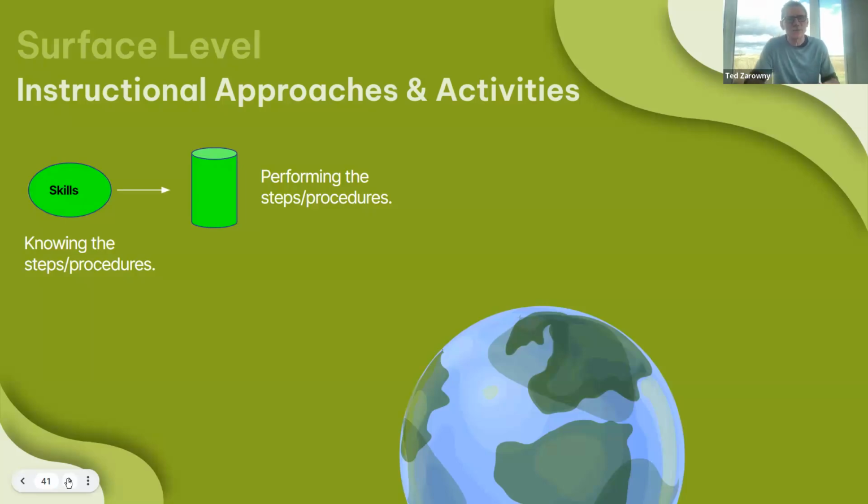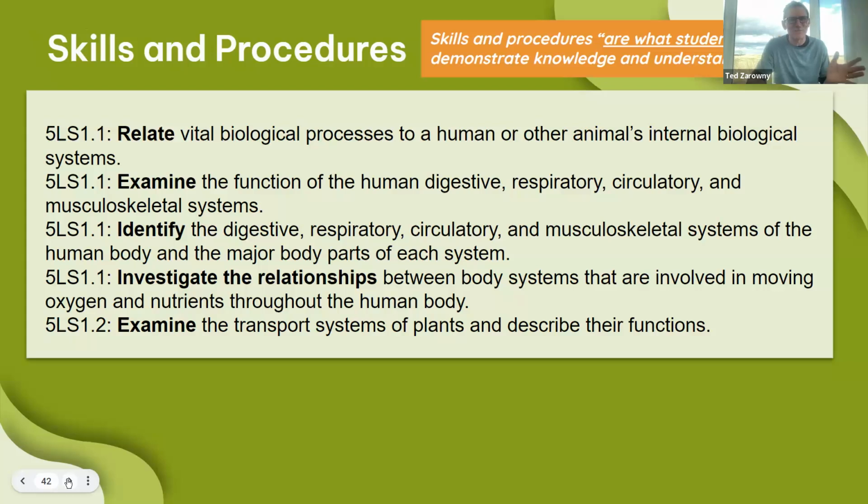The next slide shows that they've eliminated the number of skills and procedures with this organizing idea, but they're fairly straightforward. And this is, for the most part, a very knowledge or fact rich organizing idea. And so a lot of the skills are very similar, where you're examining the transport systems of plants and animals, describing their functions, as the last one, for example.